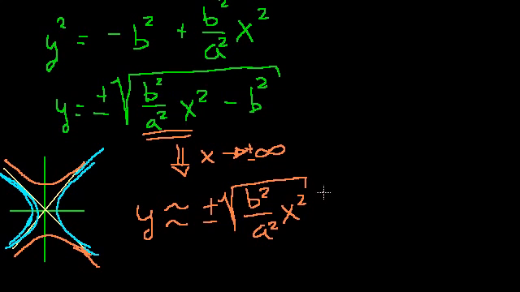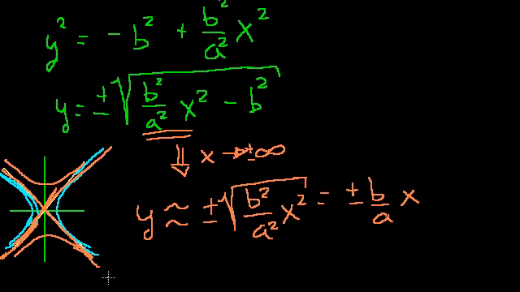And now you can take the square root of this. You couldn't take a square root of this algebraically, but this you can. This is equal to plus or minus b over a x. So that tells us essentially what the two asymptotes are, where the slope of one asymptote will be b over a x. You could view that as positive b over a x, and the other one would be minus b over a x.